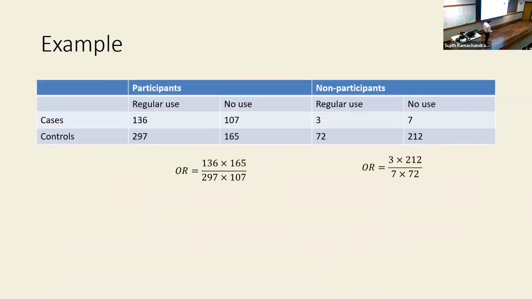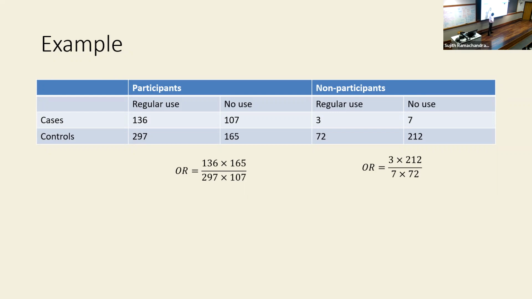So how do you account for something like this? Actually, before I talk about how you account for it, this is the cross-product ratio I was mentioning. I just want to show this in table form. For those of you that have not taken how to do analysis of case control studies, you simply draw a 2x2 table with your cases, people with uveal tract melanoma, controls, people without uveal tract melanoma, regular mobile phone use, no use.